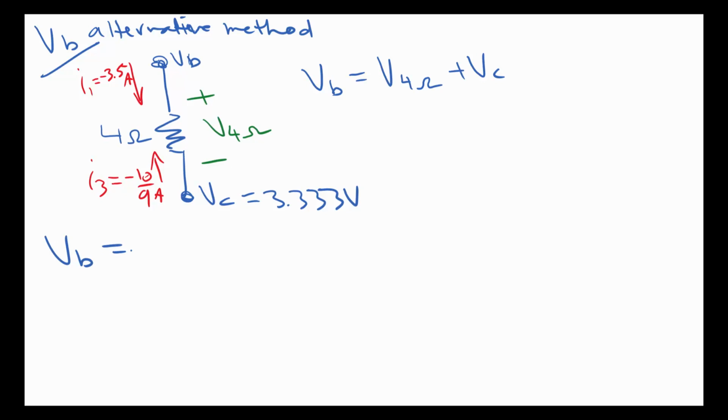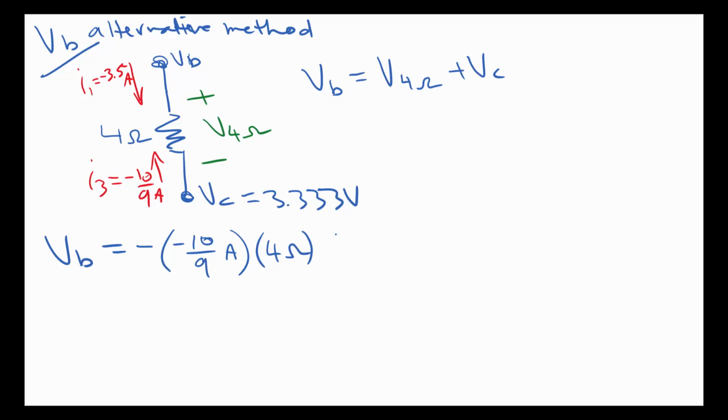is equal to, and now let's write in terms of the mesh currents. We have this I3 moving in the opposite direction of the voltage drop, so we have to use the negative version of Ohm's law. So it's minus, and then the current value is minus 10 over 9 amps times 4 ohms.